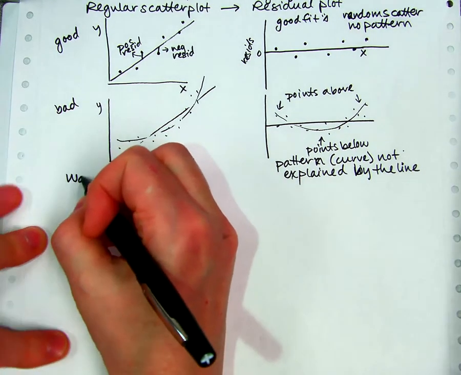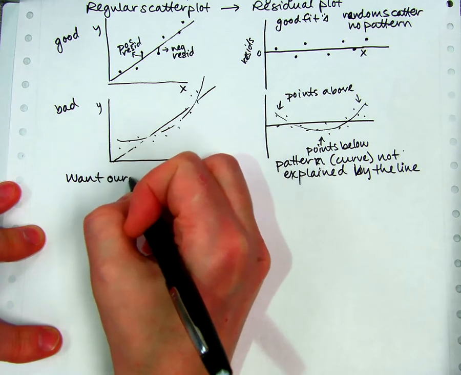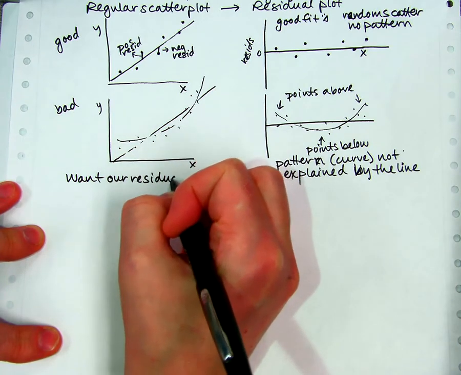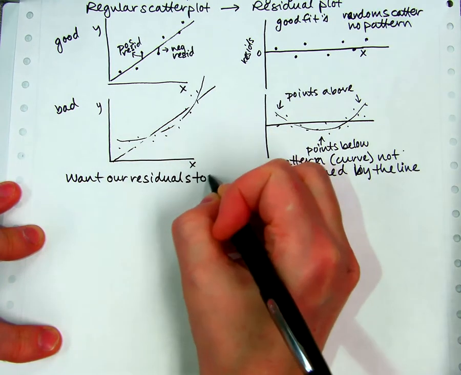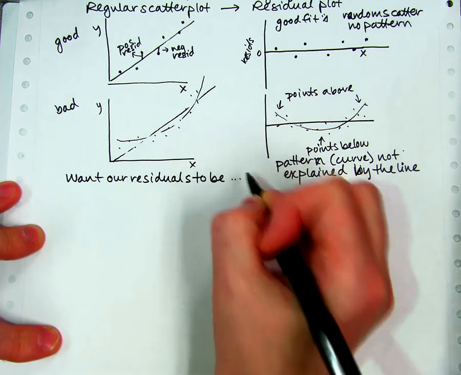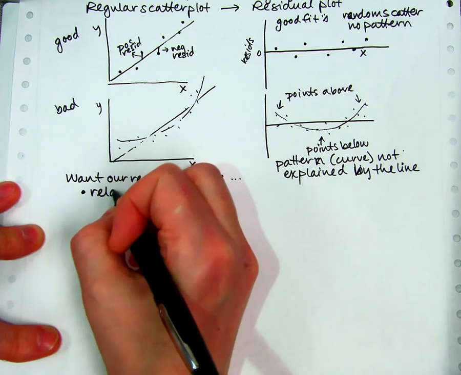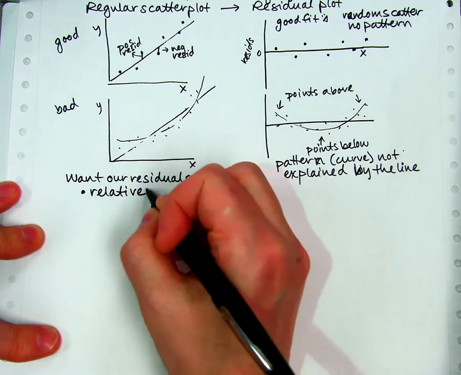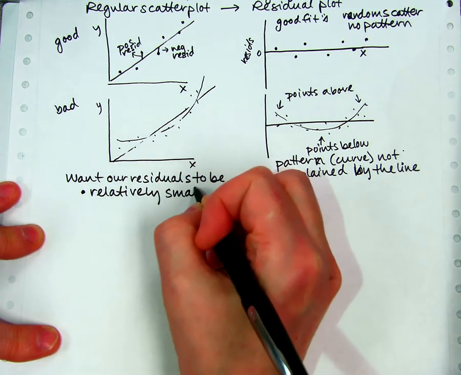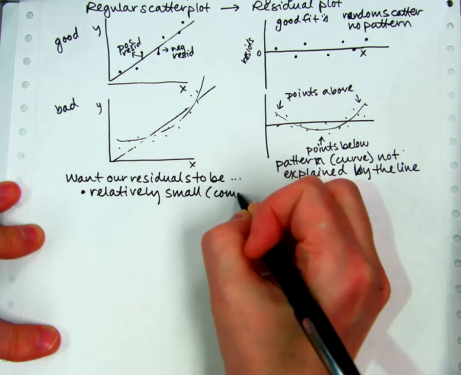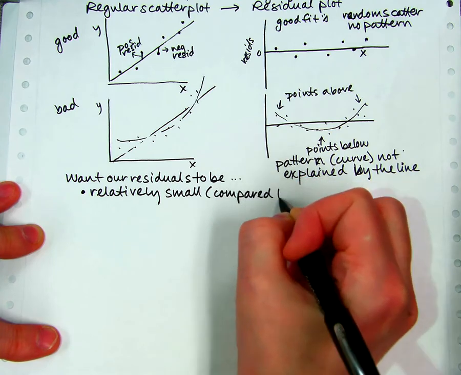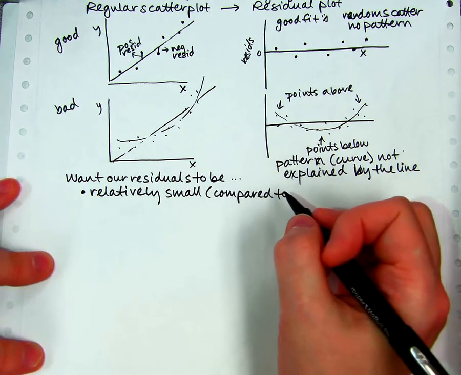Ideally, we want our residuals to have two properties. We want them to be relatively small compared to our data. Specifically compared to, remember domain and range?